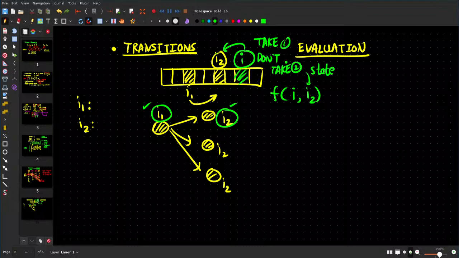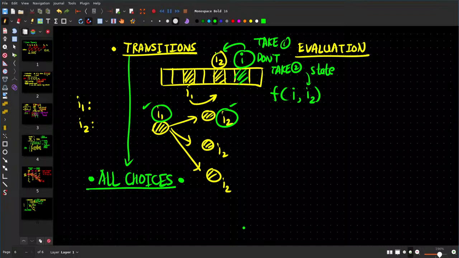This is the first and second, and we always go over all choices whenever we are constructing the dynamic programming approach. We always consider all the possible choices. So if you are at index I, there are two possibilities: either it will be used in the construction or it won't be used in the construction.